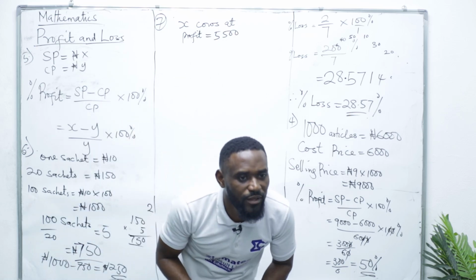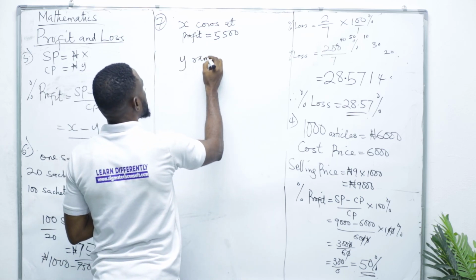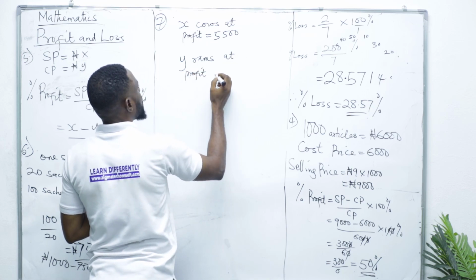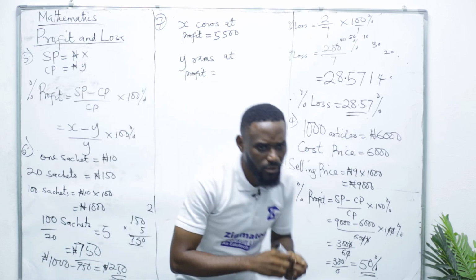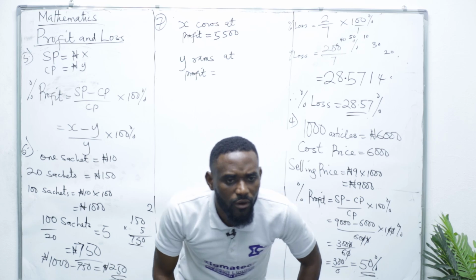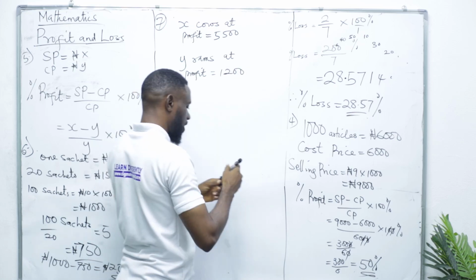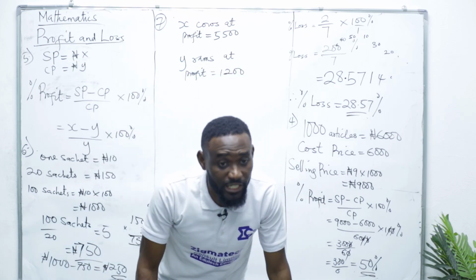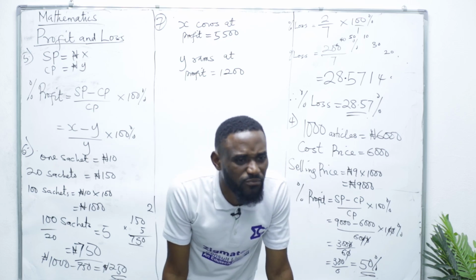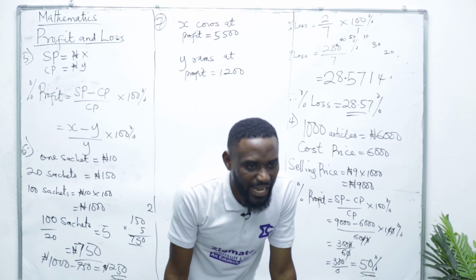Then for Y rams, at a profit of 1,200 on each ram. So we are asked to find his total profit in terms of X and Y.